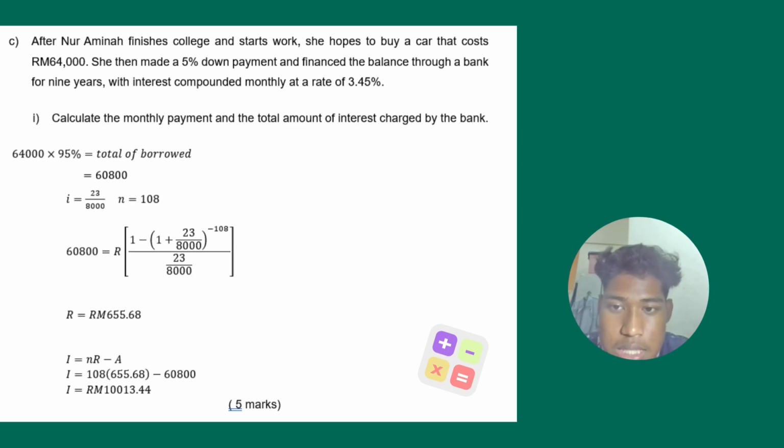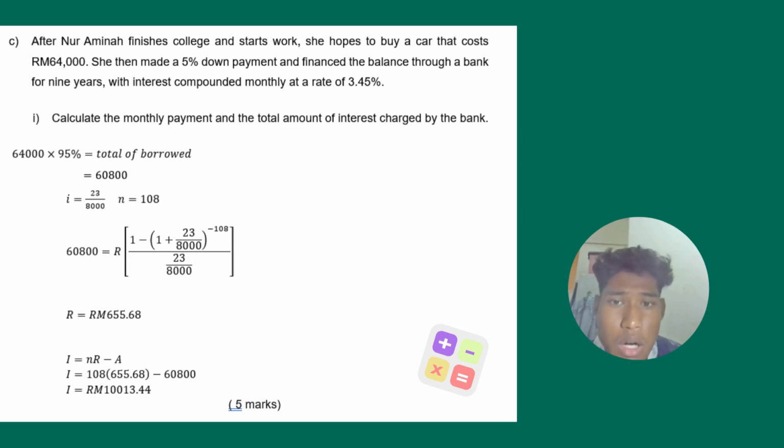So present value is A equal R open bracket 1 minus open bracket 1 plus i close bracket negative n over i and close bracket. So we get RM 655.68.